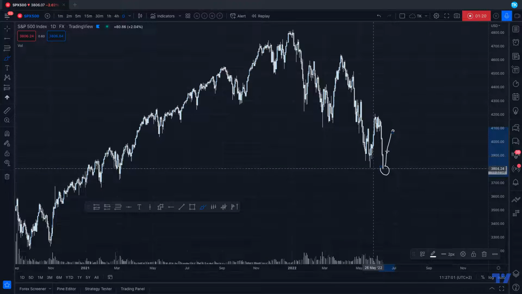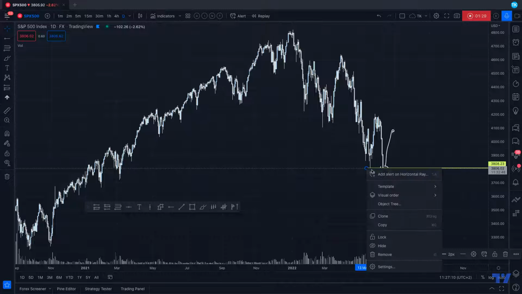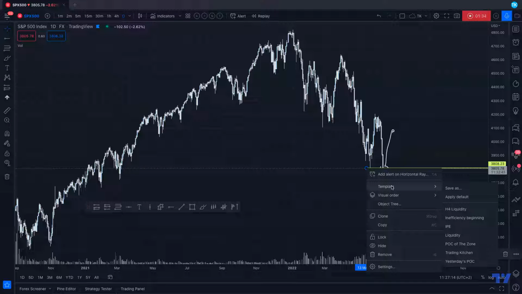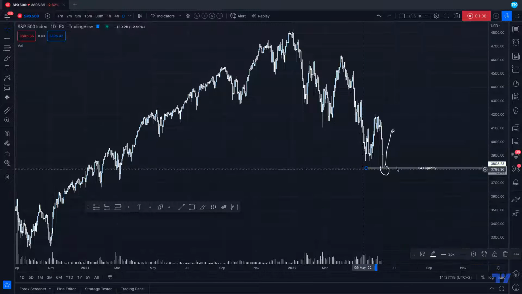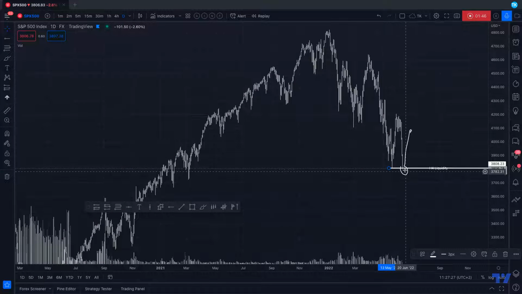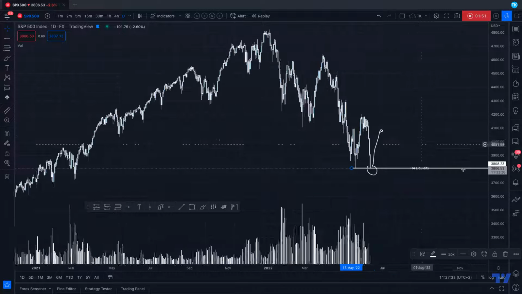We're going to see just a little bit of retracement during this week, also because we are close to having a closing below this huge liquidity level. Okay, so this probably means that price is going to grab liquidity today.